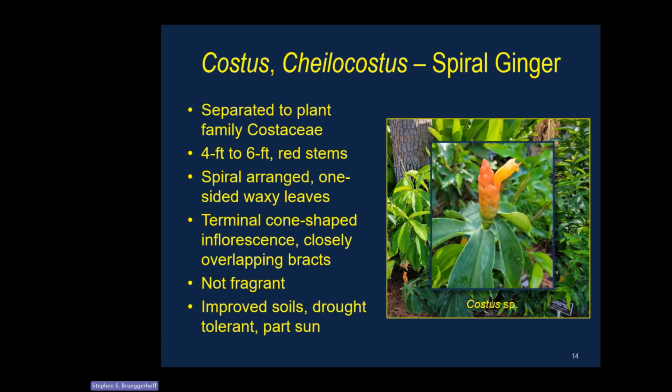These are not fragrant, but where they really shine is the structure themselves, those beautiful pseudostems, as well as these really fascinating flowers. Remember, the bright orange parts are the bracts. That's a vegetative part of the flower. You can see the actual flower emerging to the right on the top of that floral structure.